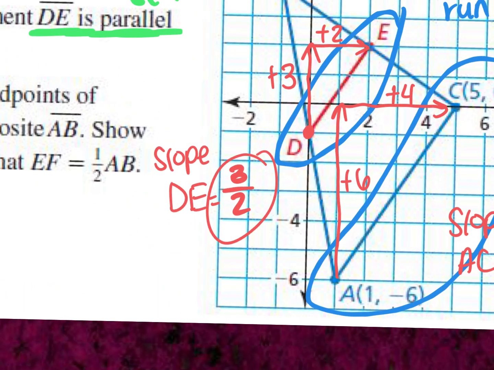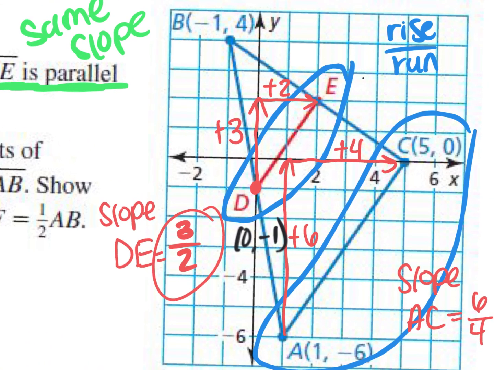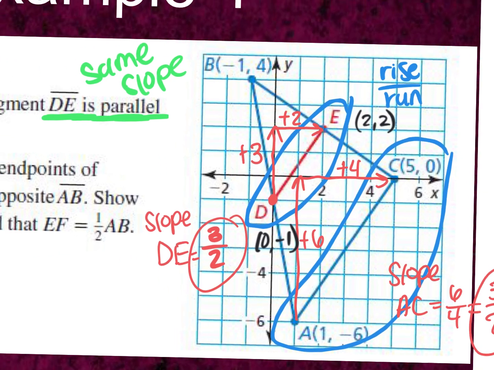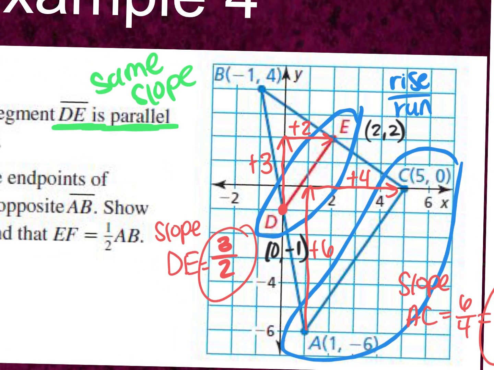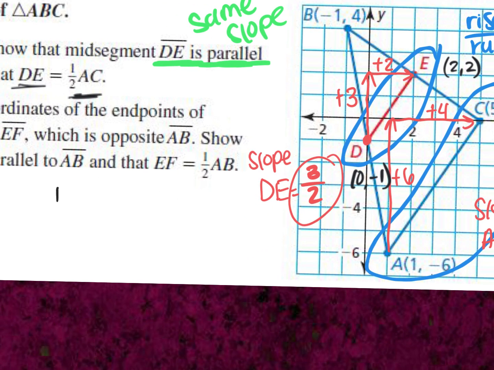D is located at (0, -1), and E is located at (2, 2). Okay? So when we're finding the distance between D and E, we're going to write DE equals, we'd have to use the distance formula because it is on a coordinate plane and it is a slanted line. So we cannot just count the units.